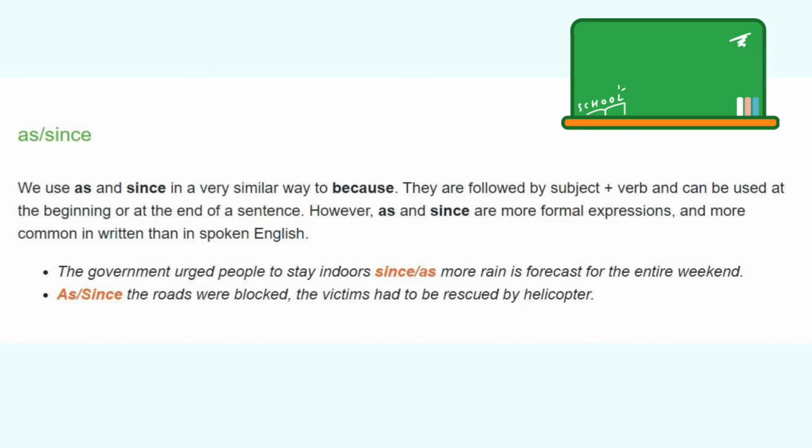For example, the government urged people to stay indoors since more rain is forecast for the entire weekend. Or, as more rain is forecast for the entire weekend. As the roads were blocked, the victims had to be rescued by helicopter. Or, since the roads were blocked, the victims had to be rescued by helicopter.